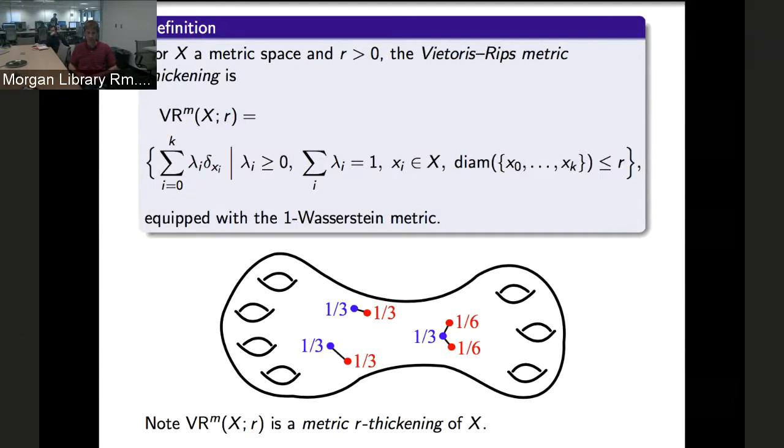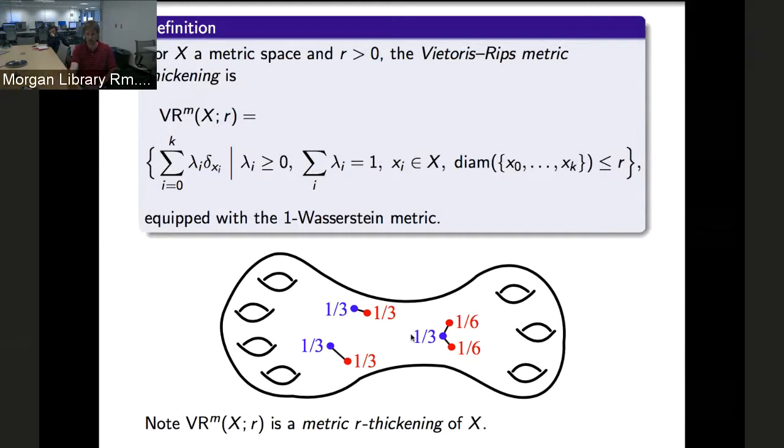So we need to put a metric on this set, and the metric that we're going to put on it is called the 1 Wasserstein metric. You can also do the p Wasserstein metrics. Let me describe the 1 Wasserstein metric. All right. So these 3 blue points, that's a point in a metric Rips thickening.